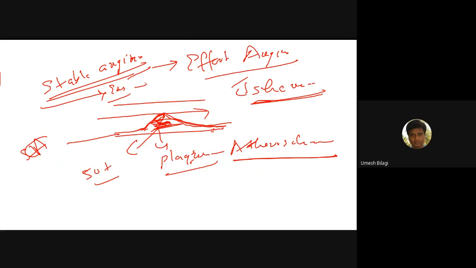For example, an old man of 70 years with stable angina may complain, sir, if I climb one floor, I get chest pain, and if I sit for 5 minutes, the chest pain goes. He has been saying this for the last 1 year, and comes to you once a month for checkup.